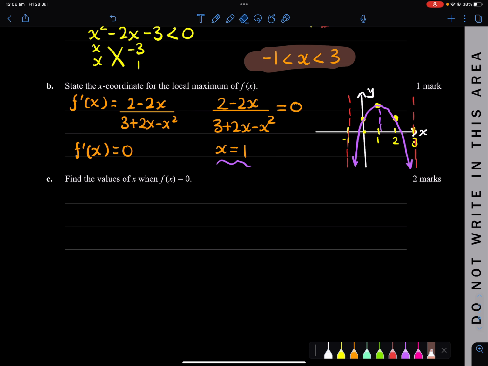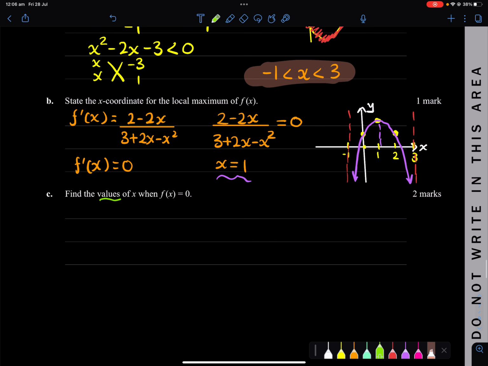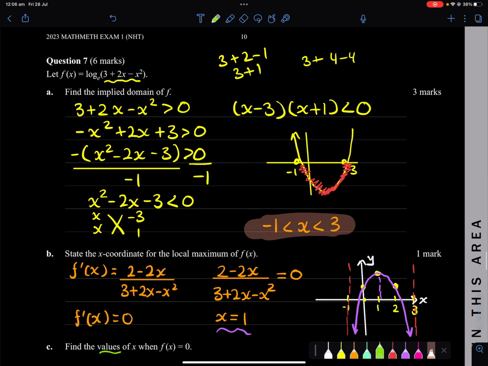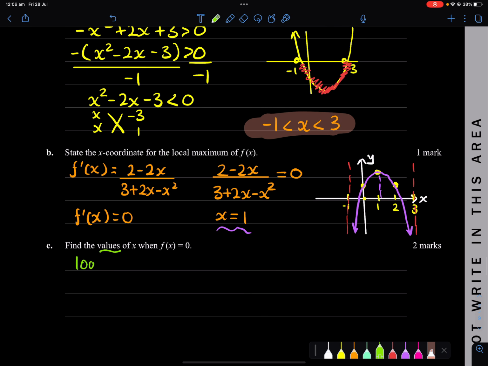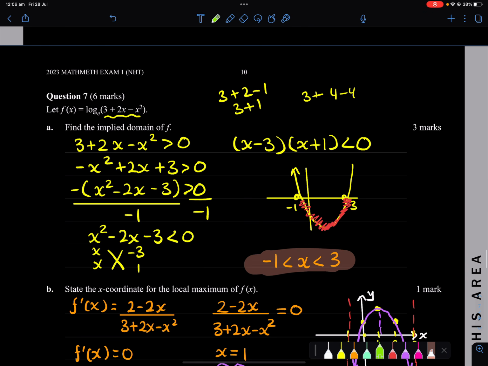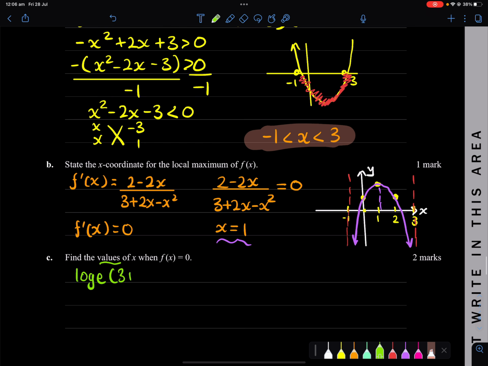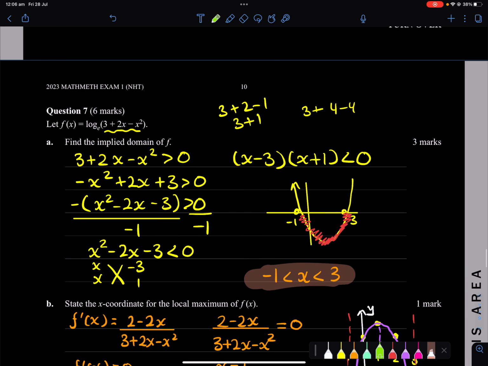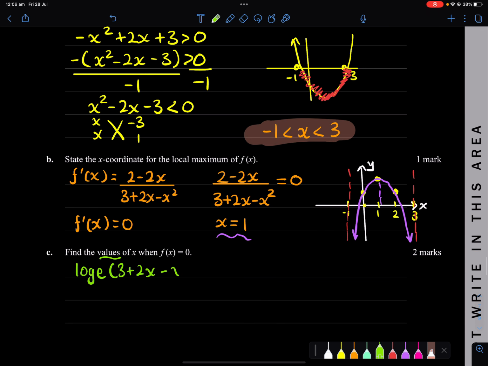Next question, find the values of x for which f of x is equal to 0. So we want log e of 3 plus 2x minus x squared to equal 0.